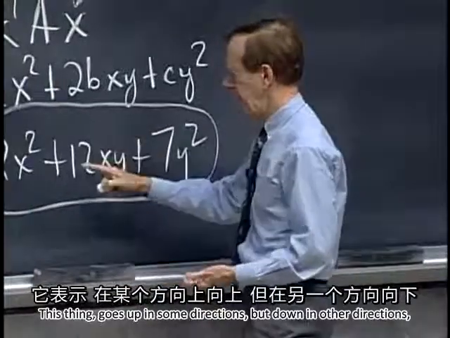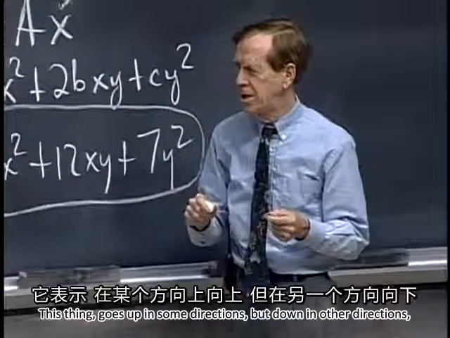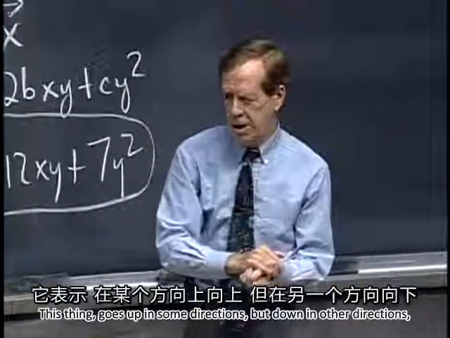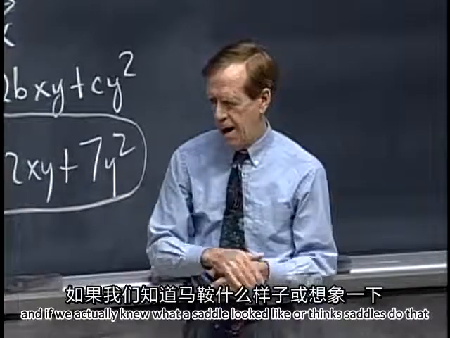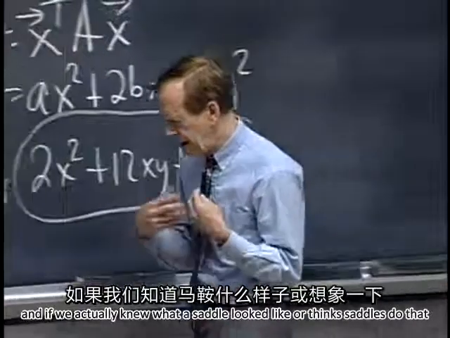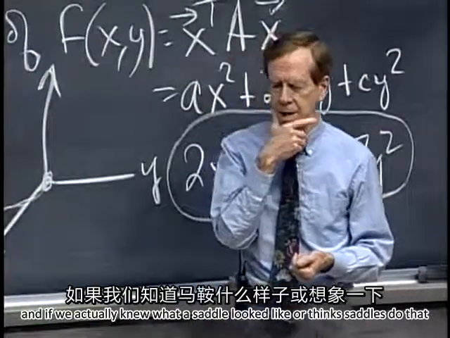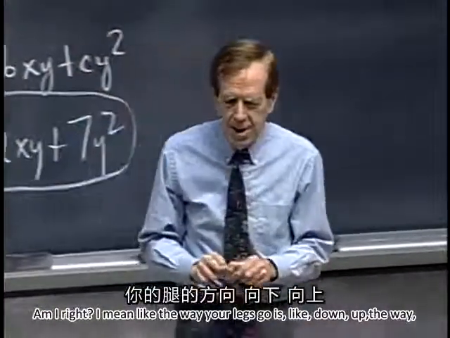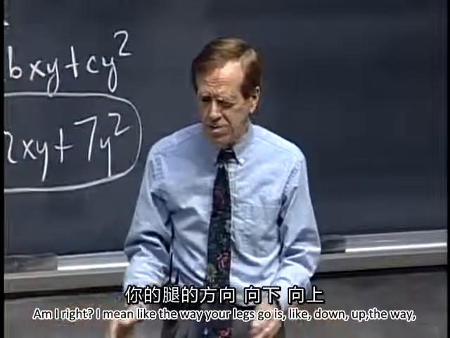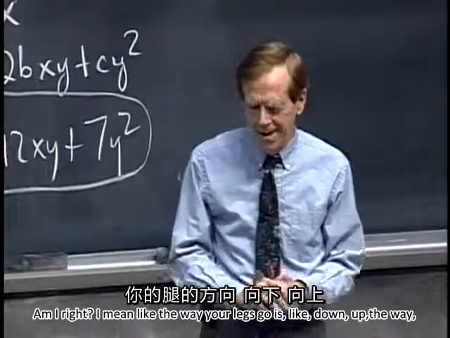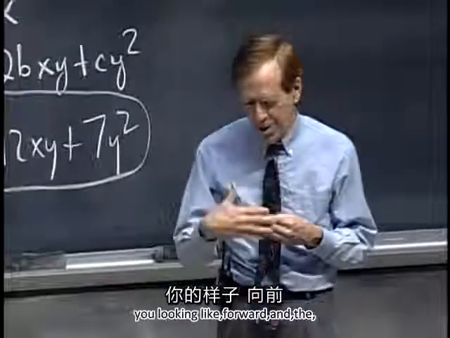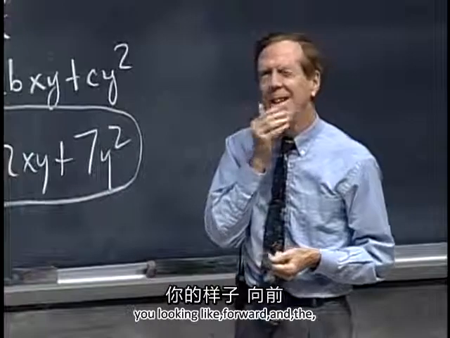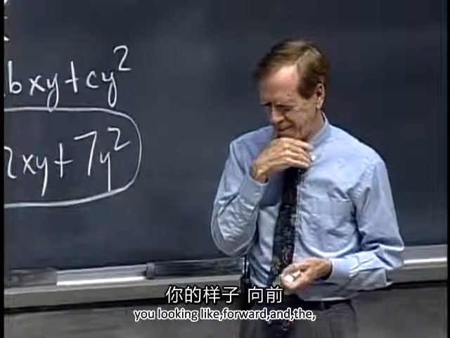This thing goes up in some directions, but down in other directions. And if we actually knew what a saddle looked like, I think saddles do that. Like the way your legs go is down, and the way you look is forward.